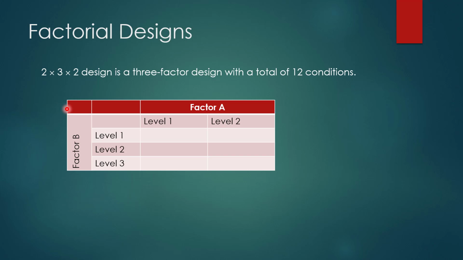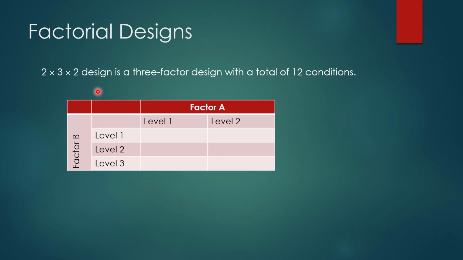So here we have two factors, factor A and factor B. Factor A has two levels, that's what's being shown here. Factor B has three levels, 1, 2, and 3. That gives us 6 cells, 1, 2, 3, 4, 5, 6. Now this is a between subjects design, so that means we have 6 conditions already.